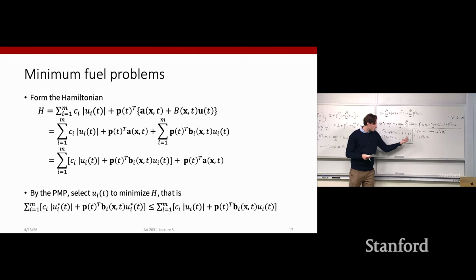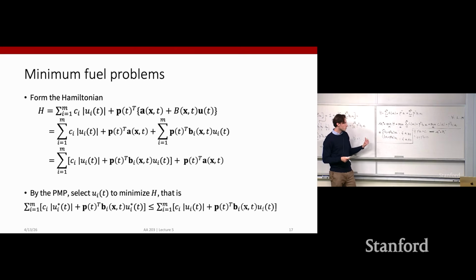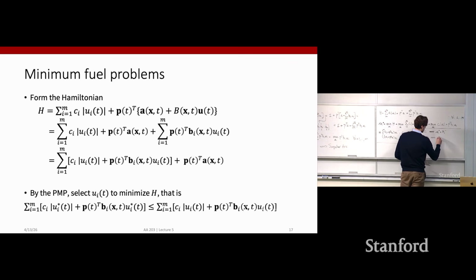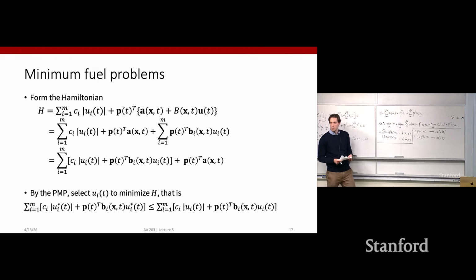If P transpose Bi is between 0 and Ci, this term here is negative, and so the Ui that I would have to pick would also be 0 to minimize. And so essentially in this case, Ui star is equal to 0.